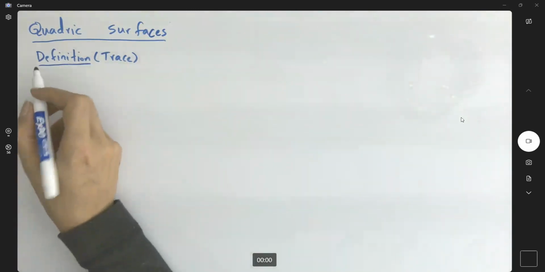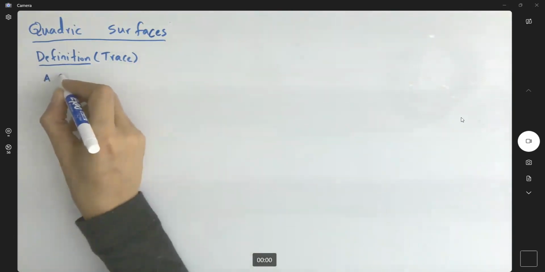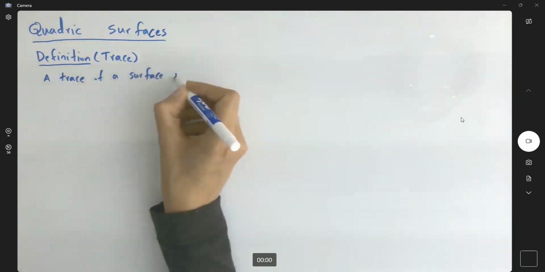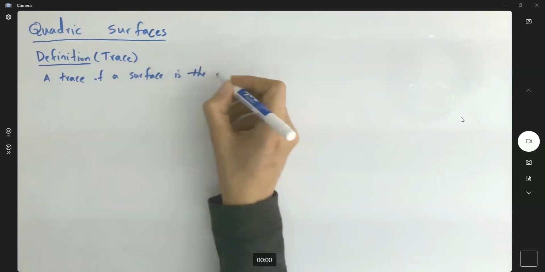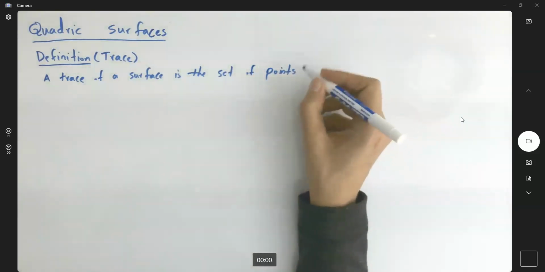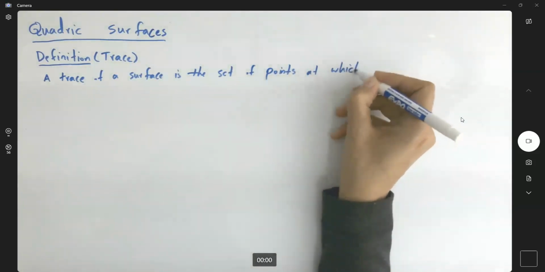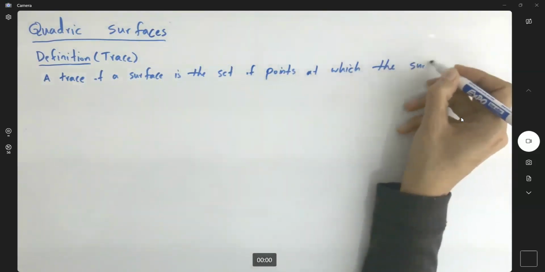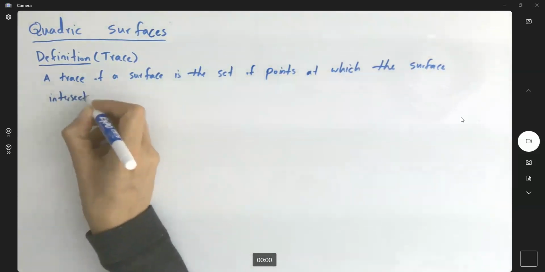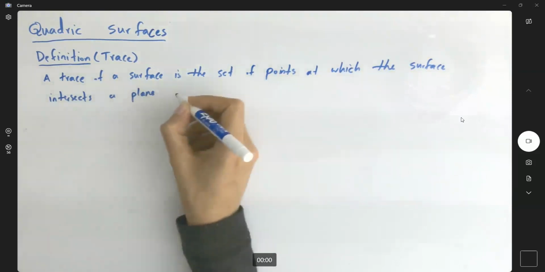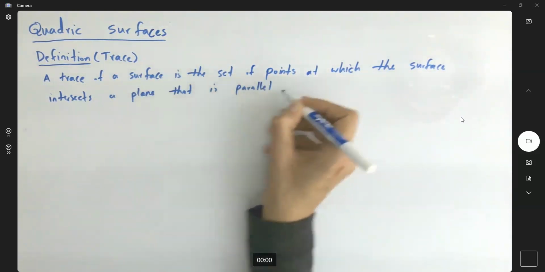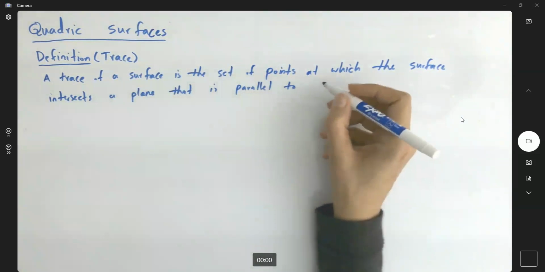A trace of a surface is a set of points at which the surface intersects a plane that is parallel to one of the coordinate planes.